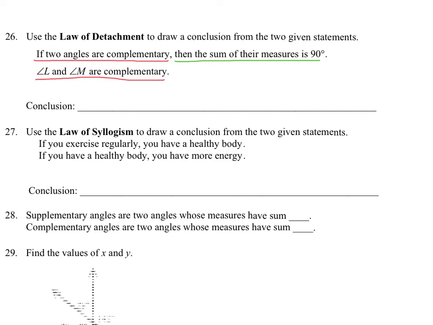So L and M are complementary, and remember it says if two angles are complementary, so I can say that angle L and angle M, the sum of these two angles is 90 degrees. I can conclude that because of the original statement, law of detachment.